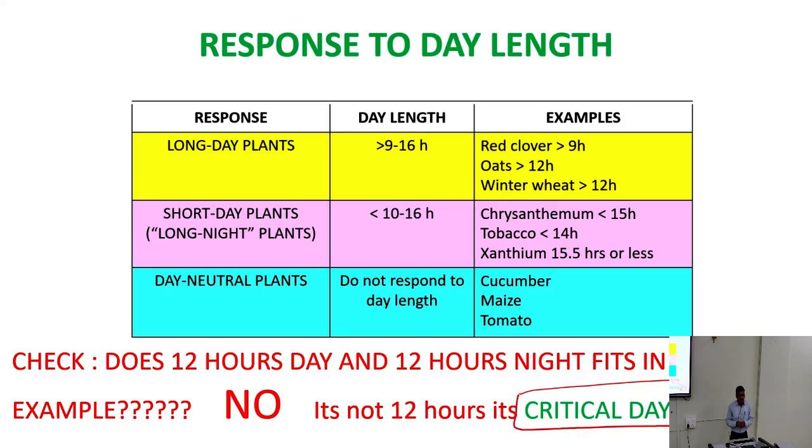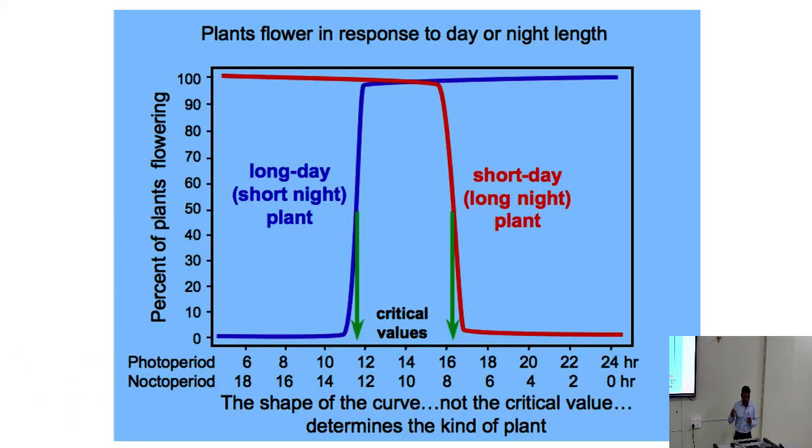Now, let's try to understand this concept of critical day length. What is critical day length? Look at this graph carefully. This red line represents the short day plant, whereas this blue colored one represents the long day plant. Short day plant means somewhere here is its day length.